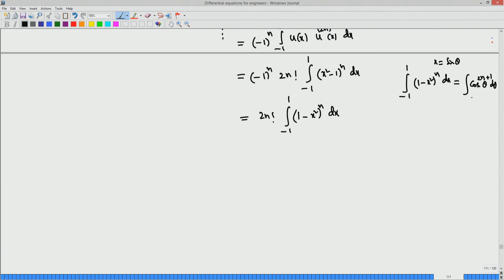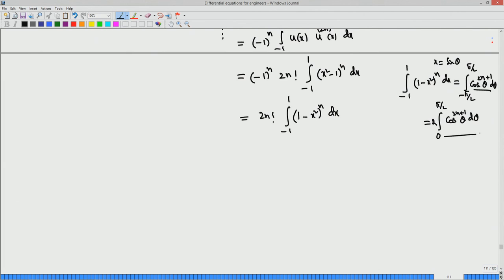The limits are minus pi by 2 to pi by 2, because when x is minus 1, theta is minus pi by 2, and when x equal to 1, sin theta is pi by 2. Because this is an even function of theta, you can have 2 times 0 to pi by 2 cos 2n plus 1 theta d theta.